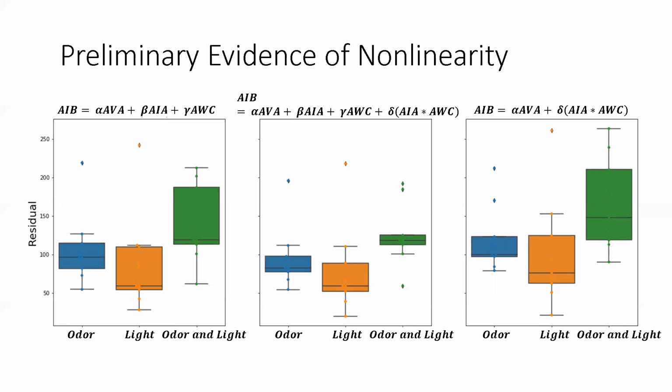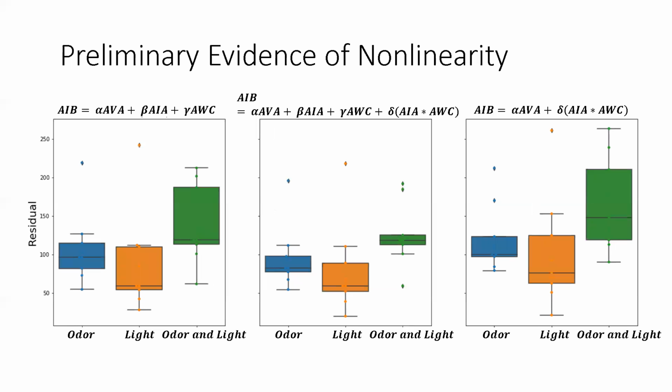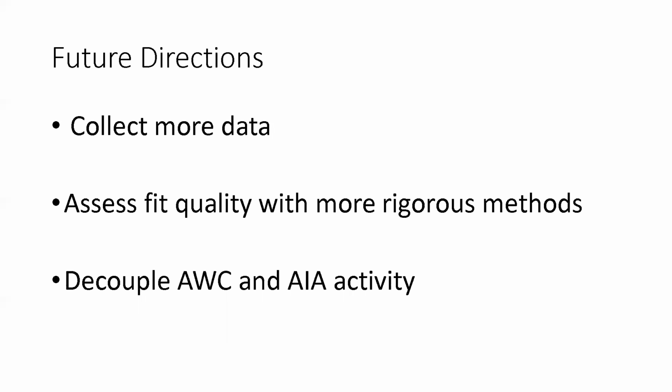Whereas in the middle, when we have a model with just linear and nonlinear terms, we see that the variance is a lot lower. And this tells us that that model is more consistent across worms. This experiment still has a while to go, that we need to collect more data. These values come from a set of 9 worms.